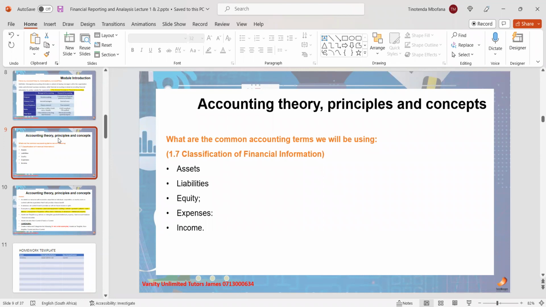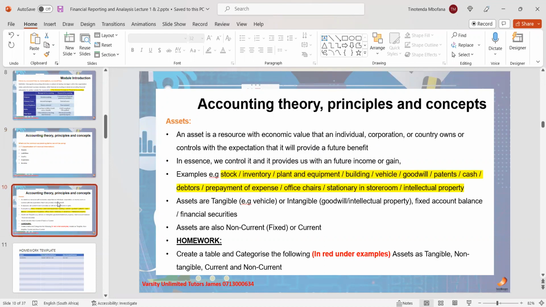But for you to really understand some of the concepts that we're going to talk about, let me define what these things are, so that whenever I say assets, or whenever I say profits, whenever I say losses, you understand what exactly I am talking about from a financial standpoint, right? So that's classification of financial information.